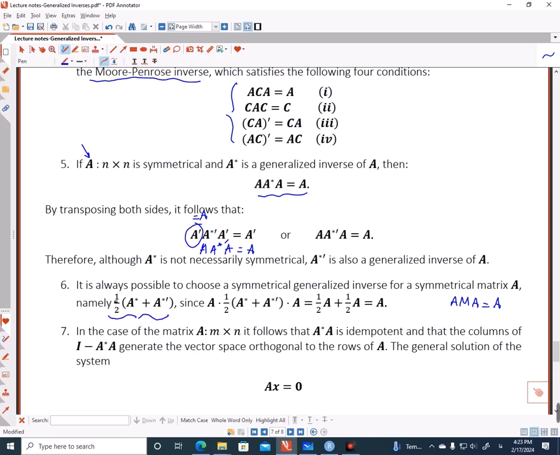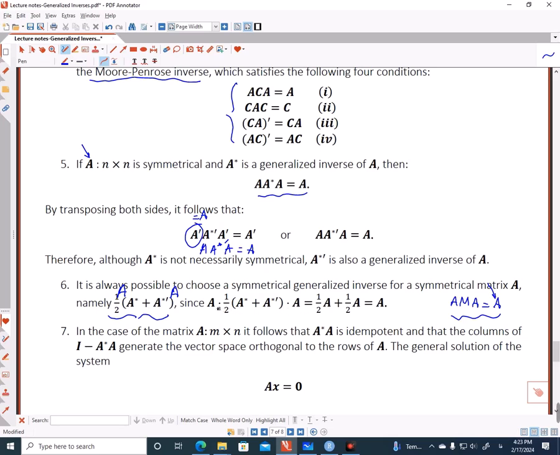So I can pre-multiply by A, post-multiply by A, and see what I get. If I get equality to A, then I will say, okay, this is the generalized inverse. So I pre-multiply by A, post-multiply by A. This factor can come out from the multiplication.